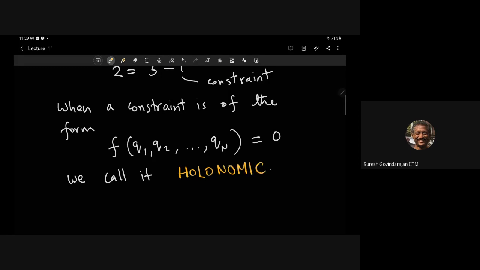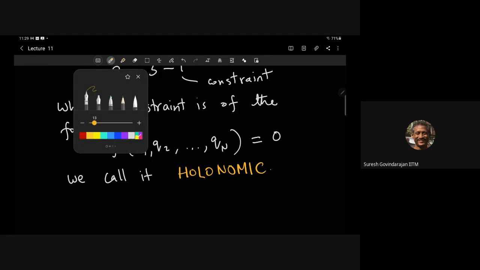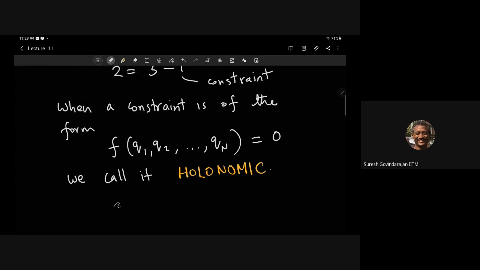The example here is z equal to plus square root of x squared plus y squared times cos alpha.